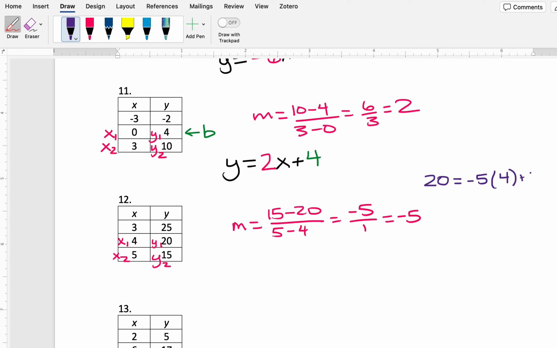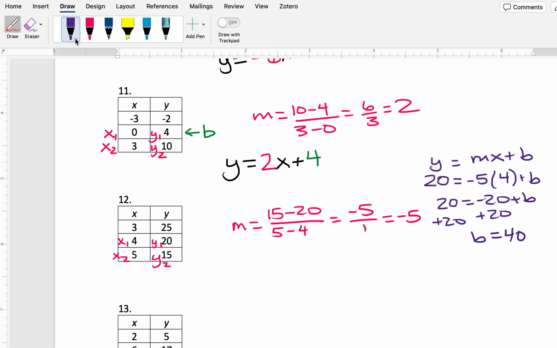And then I'm going to solve the equation for b. So what I'm doing is plugging in to y equals mx plus b here. I've plugged in one of the coordinate pairs for x and y, and I have plugged in the slope that I just found. So 20 equals -20 plus b. And then to get b by itself, add 20 to both sides, so b is 40.